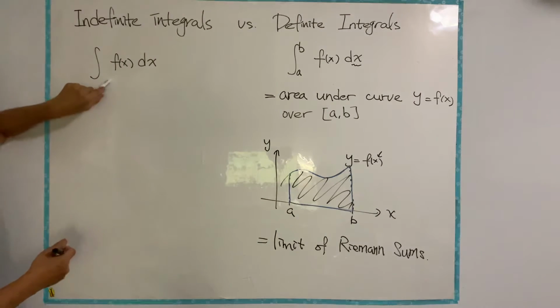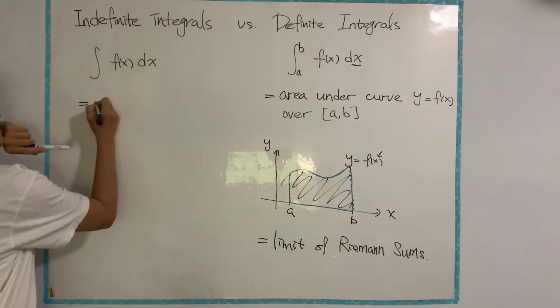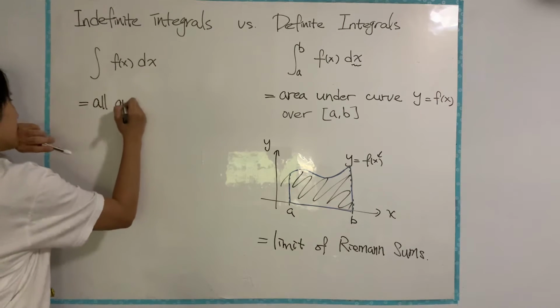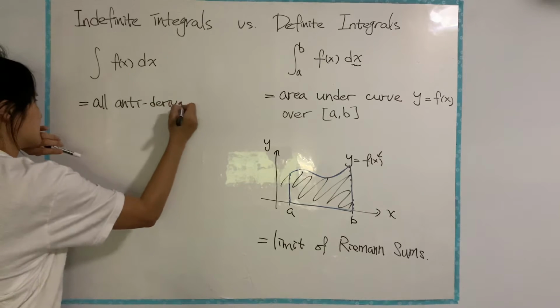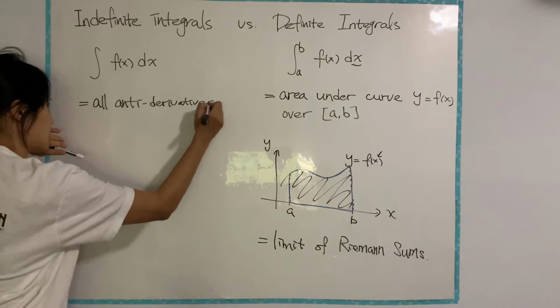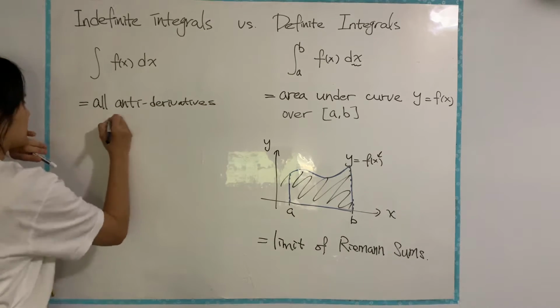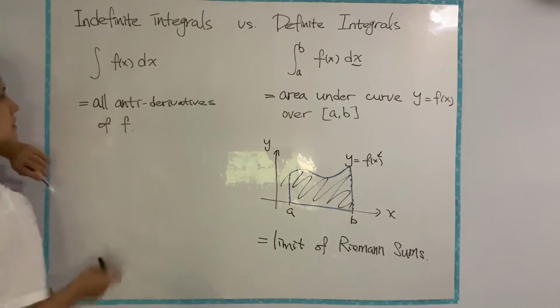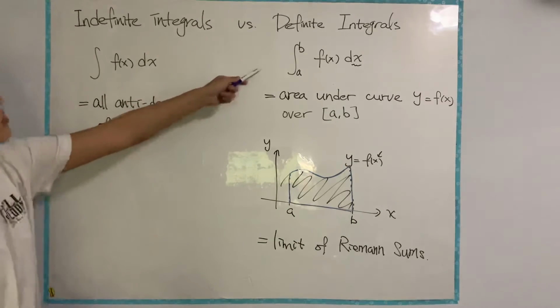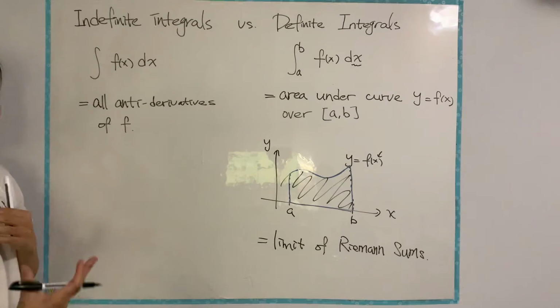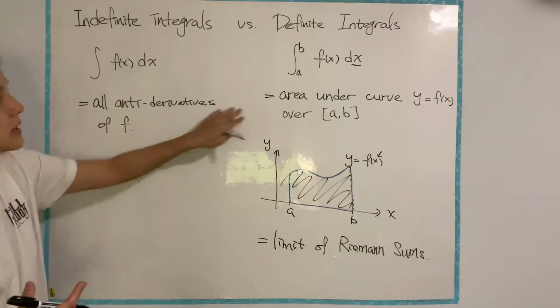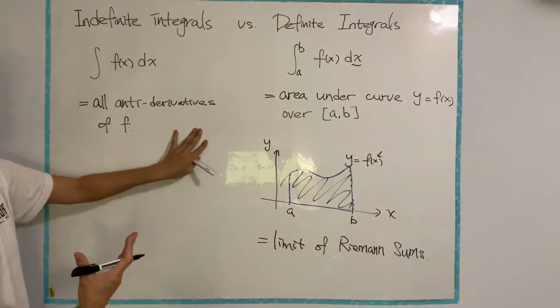And this, remember, this talks about all antiderivatives of whatever you have here. Okay, so even though these two notations look very similar, by what they mean, they're actually very different.